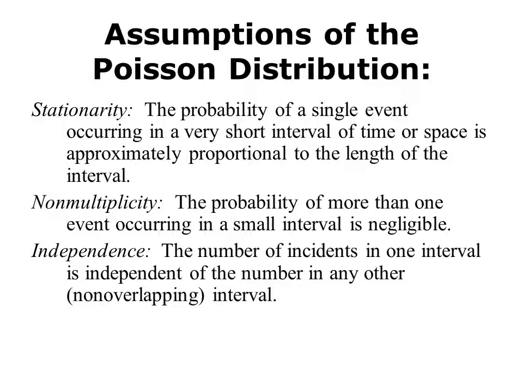Independence is another assumption, and it states that the number of incidents in any one interval is independent of the number in any other non-overlapping interval. So just because we had a flood last month doesn't mean the probability of a flood in the next month is in any way changed. That's not necessarily true in the case of floods. As you know, for example, if you've looked at the history of flood levels along the Mississippi, we tend to have seasons.